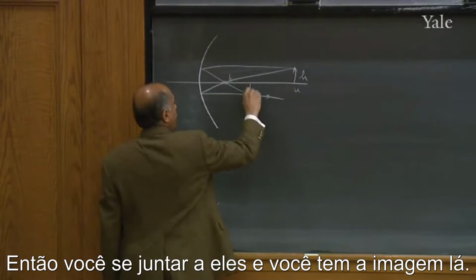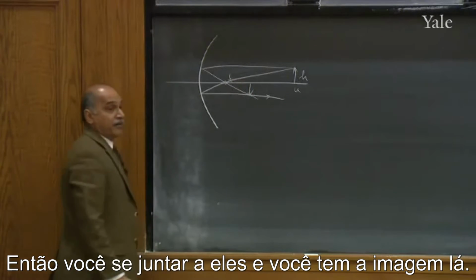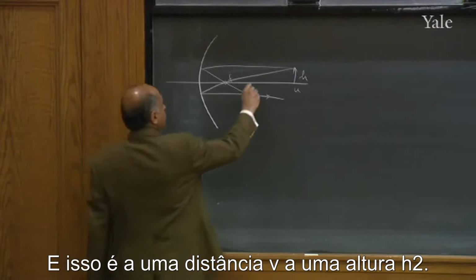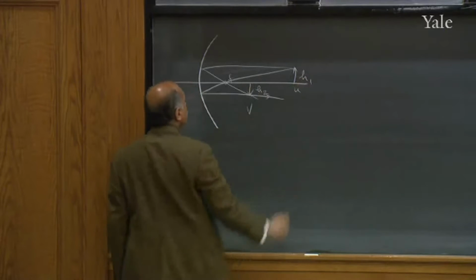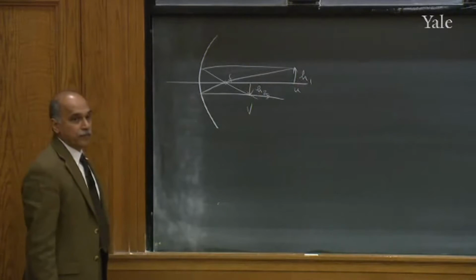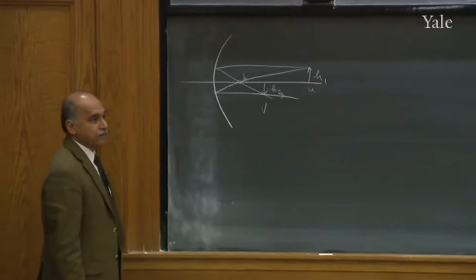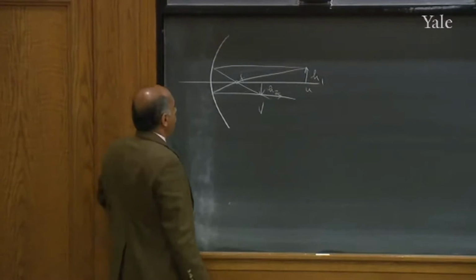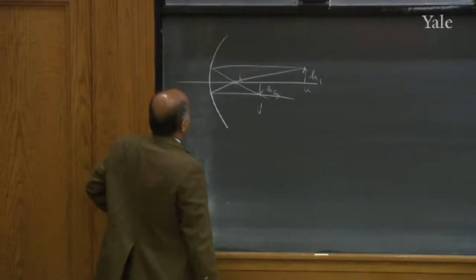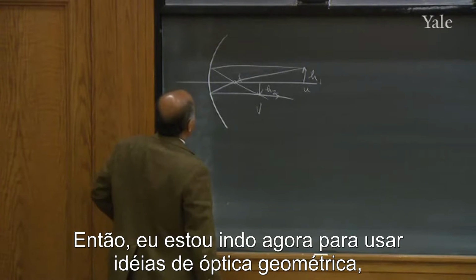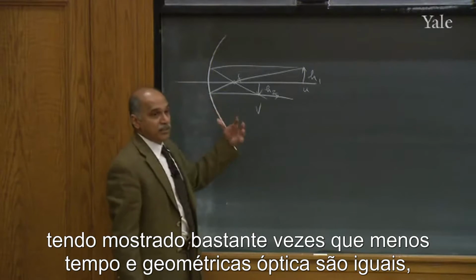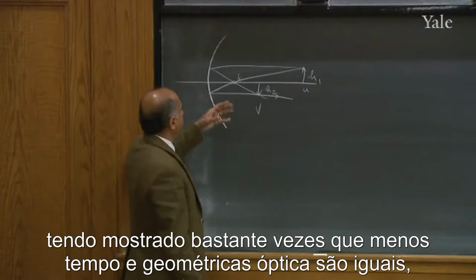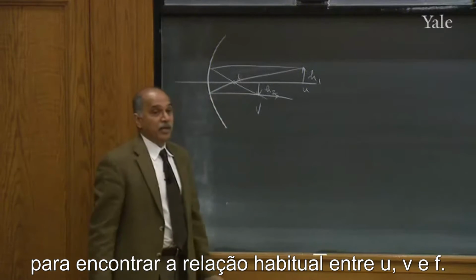So you join them, and you get the image there, at a distance v at a height h2. So I'm now going to use ideas of geometrical optics, having shown you enough times that least time and geometrical optics are equal, to find the usual relation between u, v, and f.